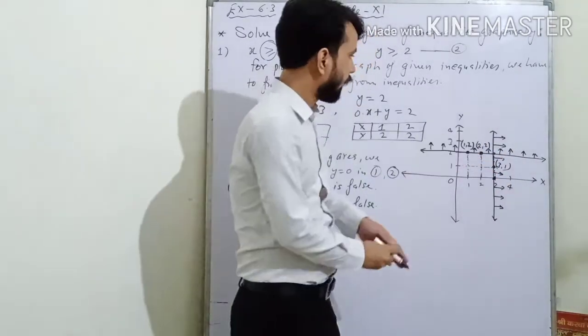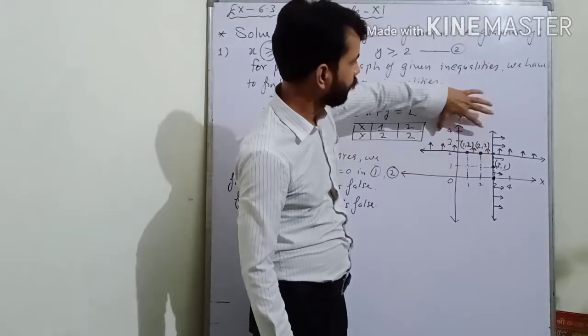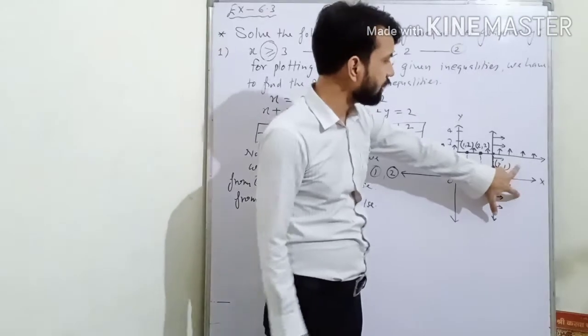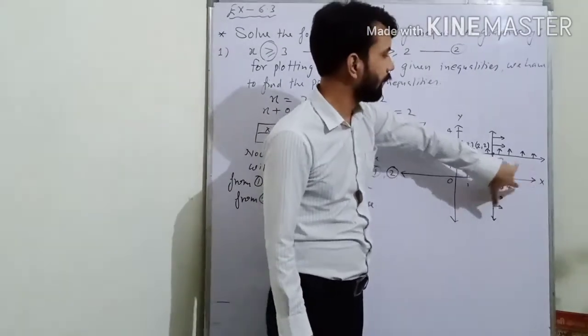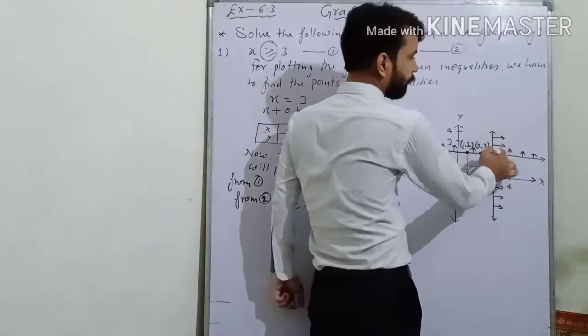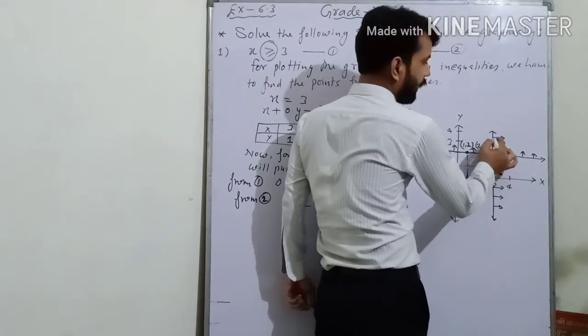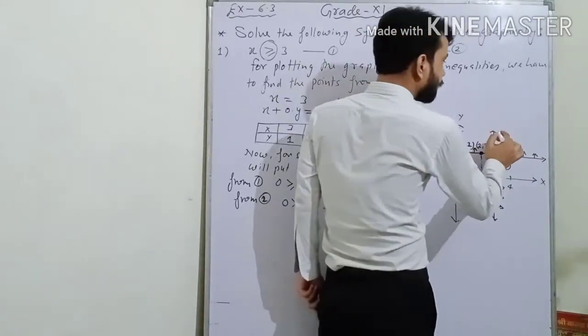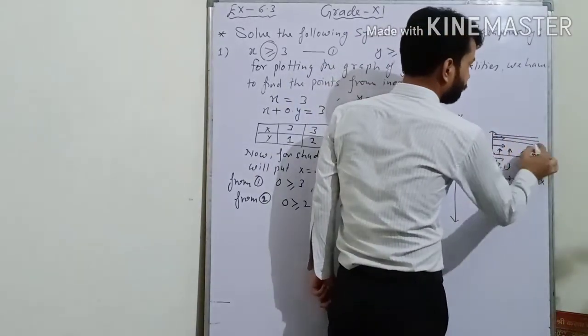Am I right? अगर मैं इसे shade कर रहा हूं upside, तो इतने region में ये वाला region नहीं आएगा. और अगर मैं ये region shade कर रहा हूं, तो इसमें केवल ये वाला है, ऊपर वाली line का नहीं है. लेकिन बेटा ये portion जो है, इसमें देखो इस line के arrow भी हैं और second line के arrow भी हैं. तो अब मुझे ये region shade करना है.